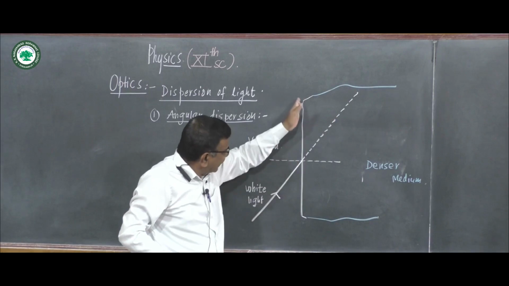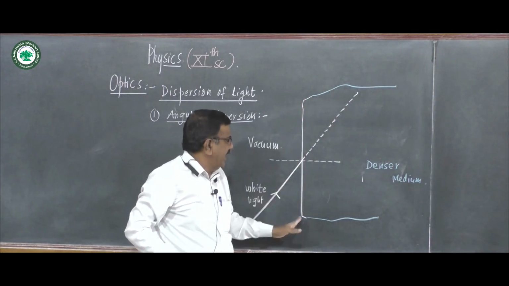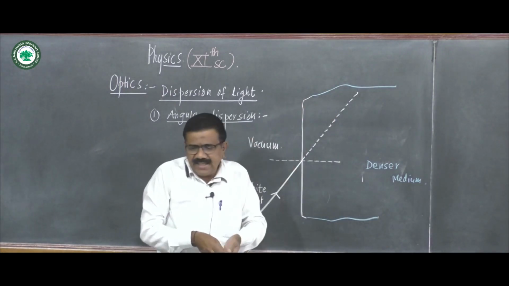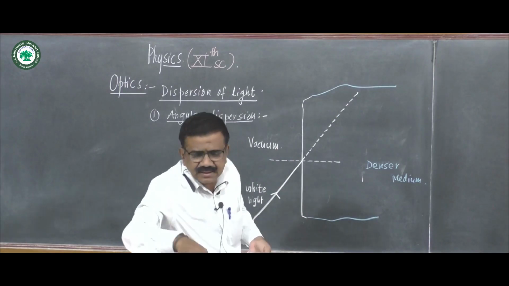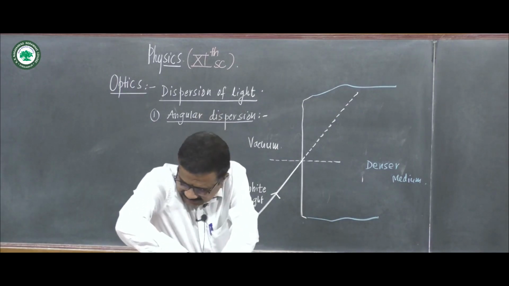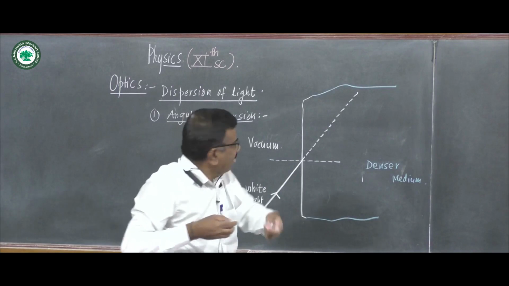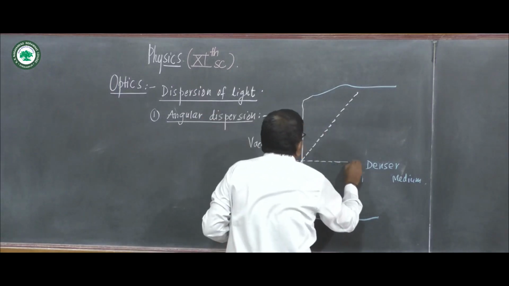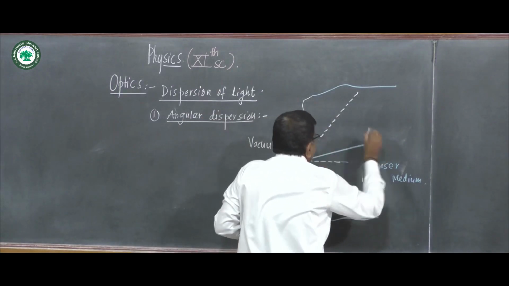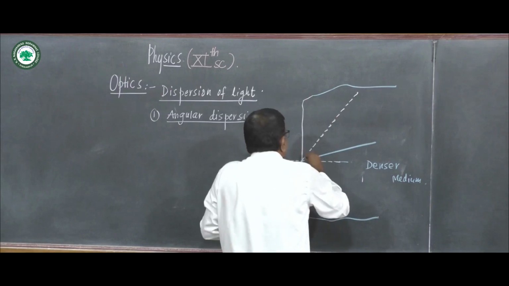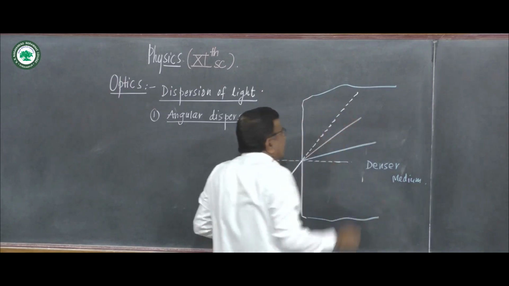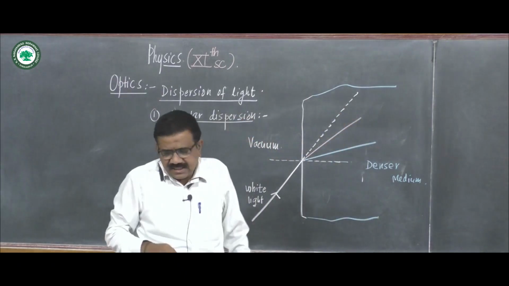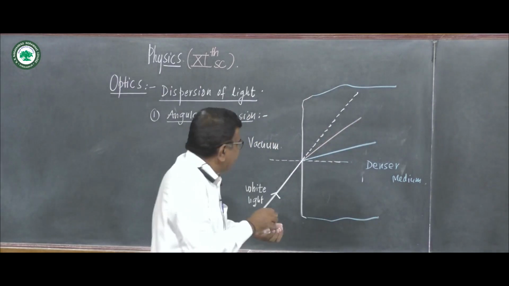But as this transparent material is there, at this point the ray is refracted into 7 colors. For convenience, we show only the extreme colors.